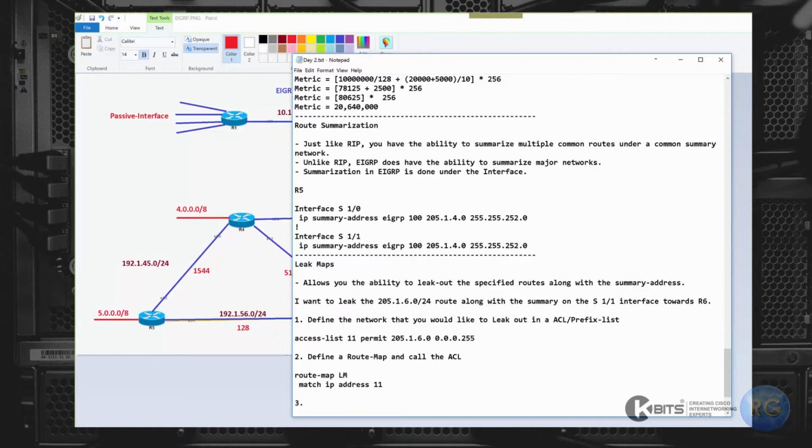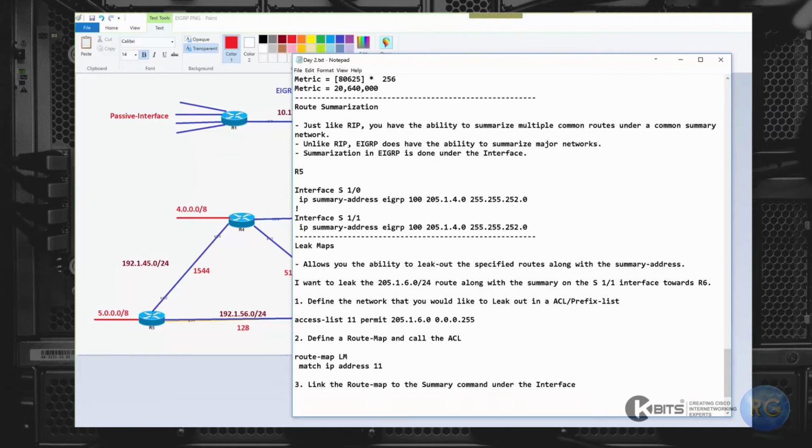Third step. Link the leak map or the route map to the summary command under the interface. These are the 3 steps to do a leak map that will leak out a particular route.